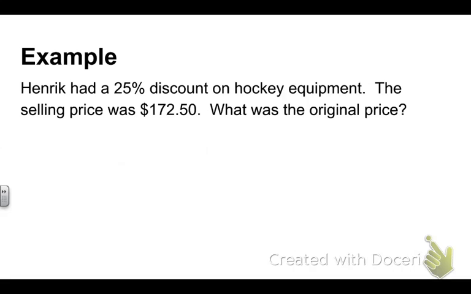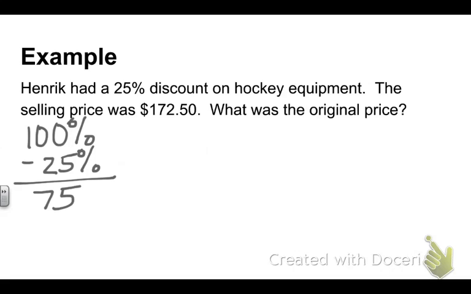The selling price was $172.50. What was the original price? First, we take that 100% and subtract our 25% to know what he paid, and he paid 75% of it.